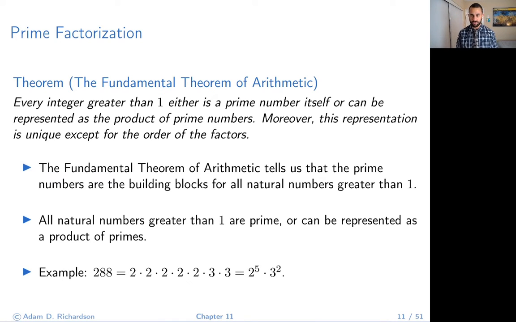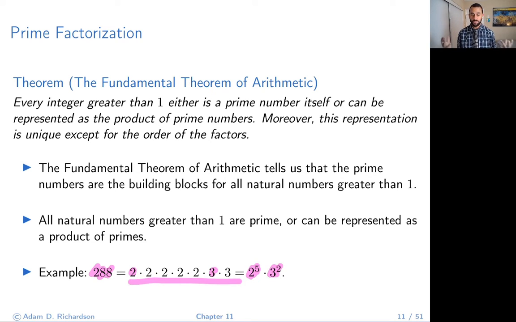And here's a good example. The number 288 can be written as this product right here, 2 times 2 times 2 times 2 times 2 times 3 times 3. And notice that 2 and 3 are prime. So every factor in that product is a prime number. And we like to group all of the repeat factors and use our exponential notation. So the number 288 is the same as 2 to the fifth times 3 squared.